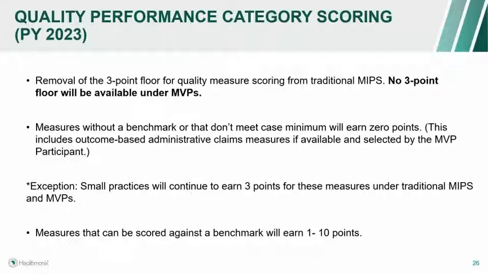And this does include outcome-based administrative claims measures, if available and selected by the MVP participant. One exception would be that small practices will continue to earn 3 points for these measures under traditional MIPS and MVPs. And measures that can be scored against a benchmark will earn between 1 to 10 points.